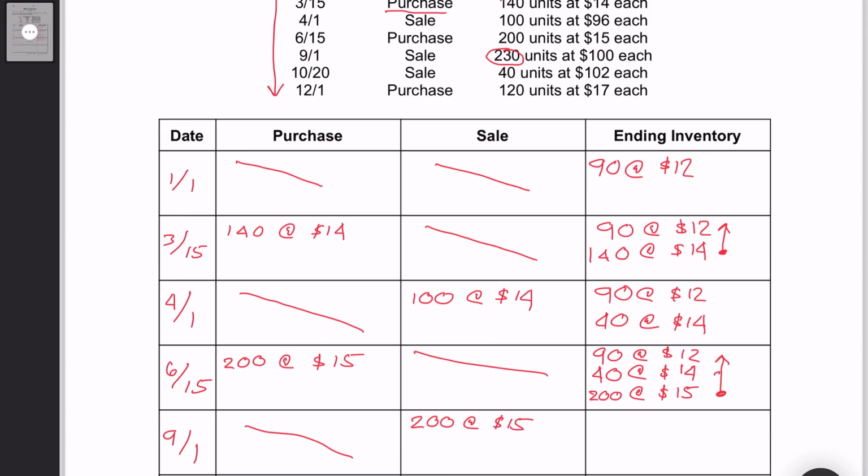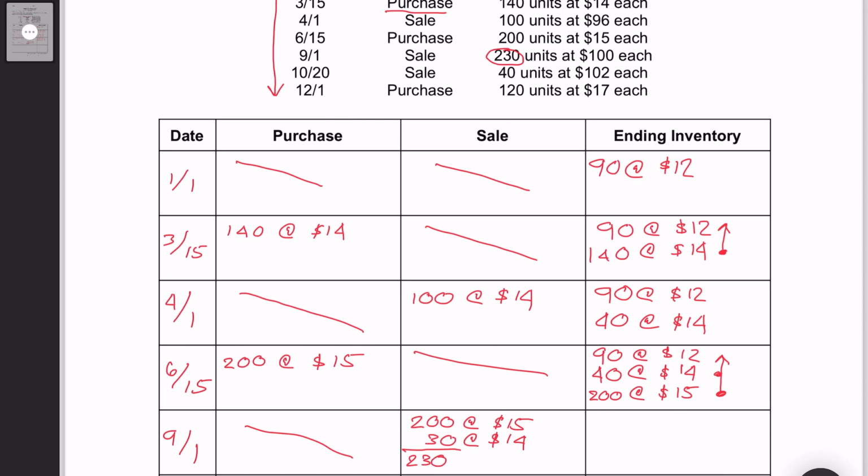And next, we're going to allocate from our 40 units. So we're going to do the 30 at $14. I'm going to put a little line under here and just make sure I have a tally to make sure that I have sold all.